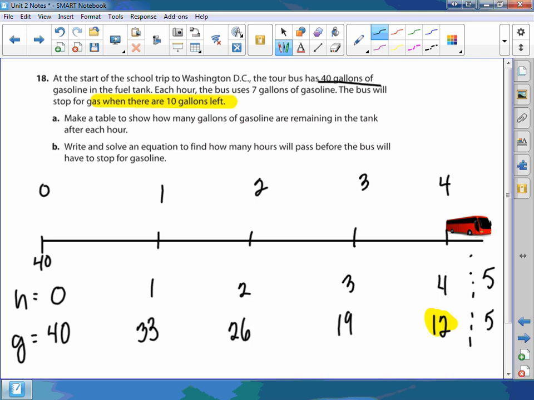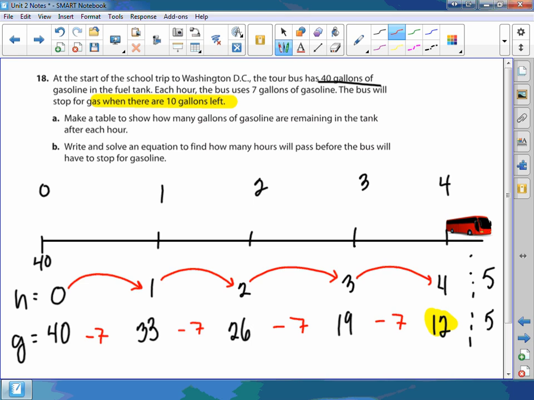All right, now you need an equation. So we've done these tables before, and we've analyzed these tables, and we say, okay, what's happening every time the X value, or in this case the H value, increases by 1? What's happening to our Y value, or our dependent variable, which is the gallons? Well, it is losing 7 gallons every hour. So think about how we would do these.